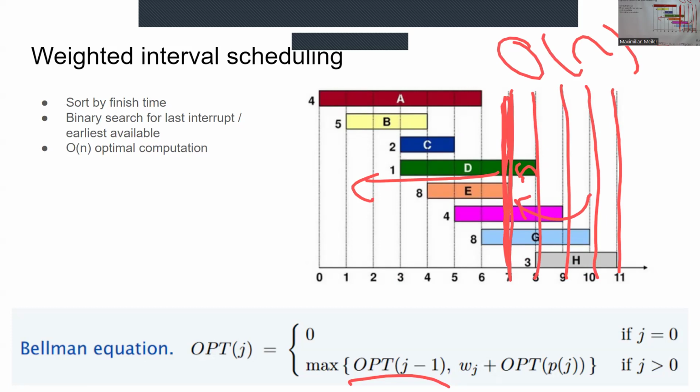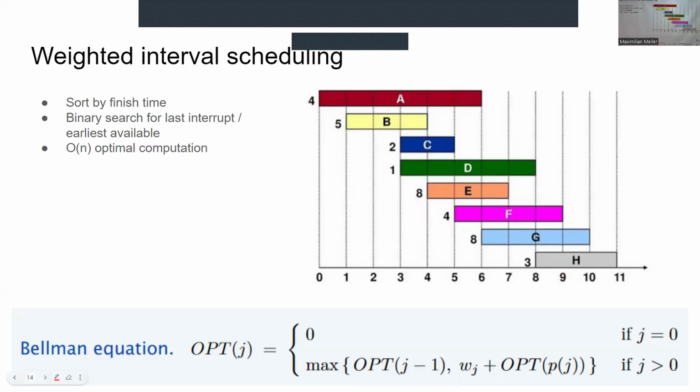And so you could just fetch it. The bottom line is for every interval, you only have to compute that value once for every value of j. And so basically it would be O of n. Does that make sense?